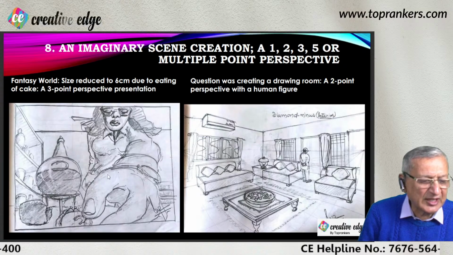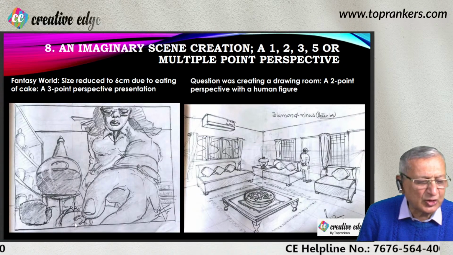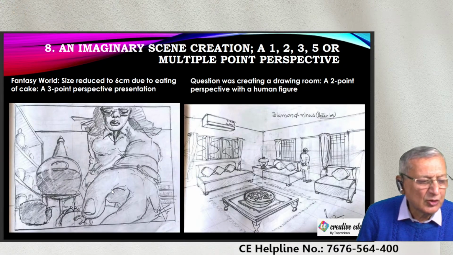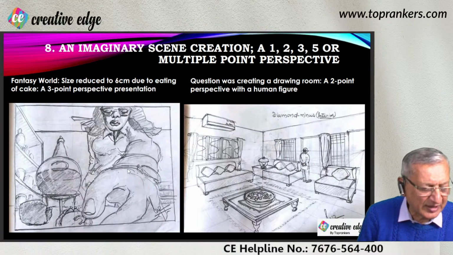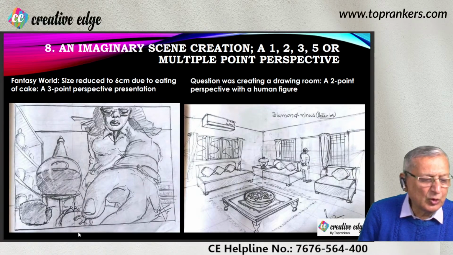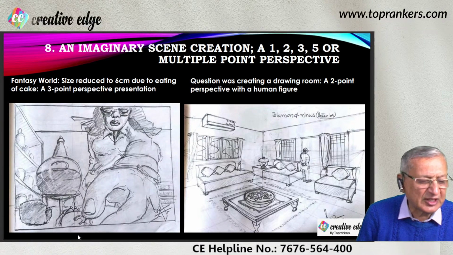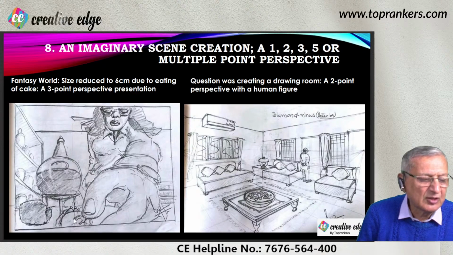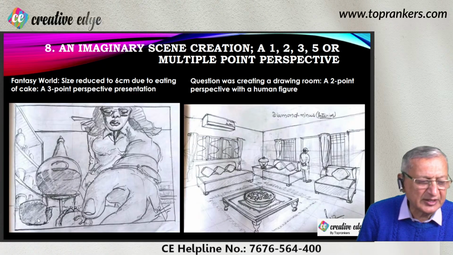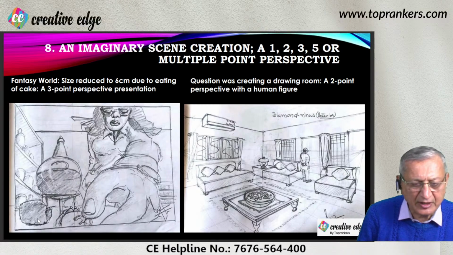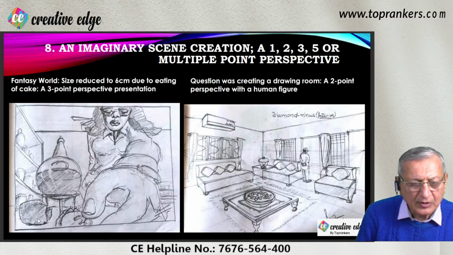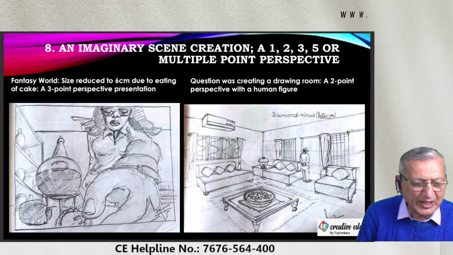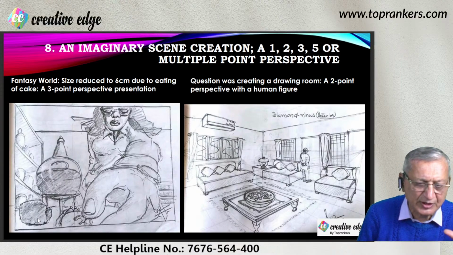Here is the scientist, and your size is reduced to 6 centimeters, and she's trying to lift you up and maybe give you another medication for making you normal size. So the point of view is that of the person who has fallen sick by eating that dramatic cake. So it is absolutely a fantasy world kind of question.